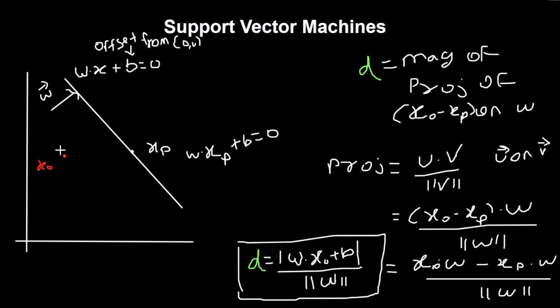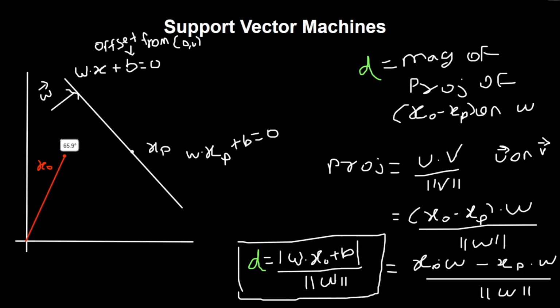So now for finding the distance of separation of the margin, in order to find the width, first we can find the distance from any point to the hyperplane itself. So here the any point is x0. First let's draw the vector for x0 and xp.